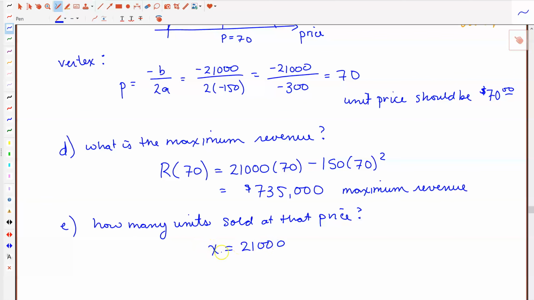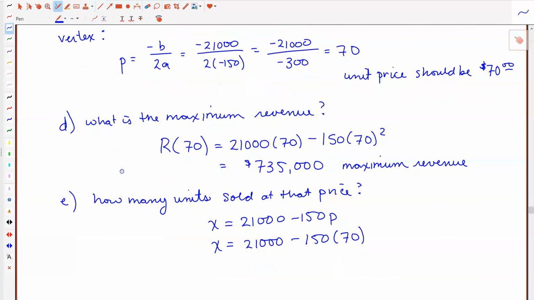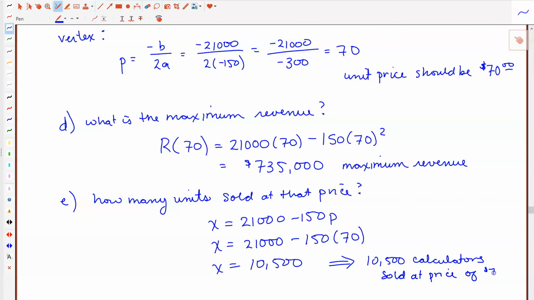The demand equation was x is equal to 21,000 minus 150p. I know what value for p I want to use, it's my 70. So we'll put that in and we figure out x is equal to 10,500. This is telling me that 10,500 calculators are going to be sold at a price of $70.